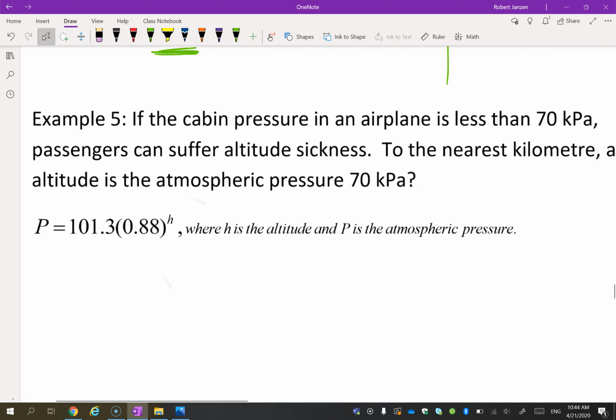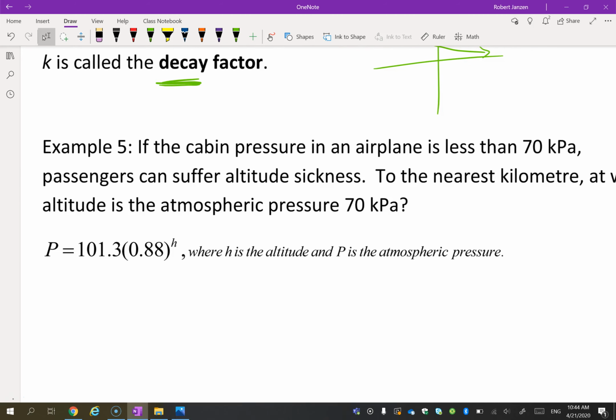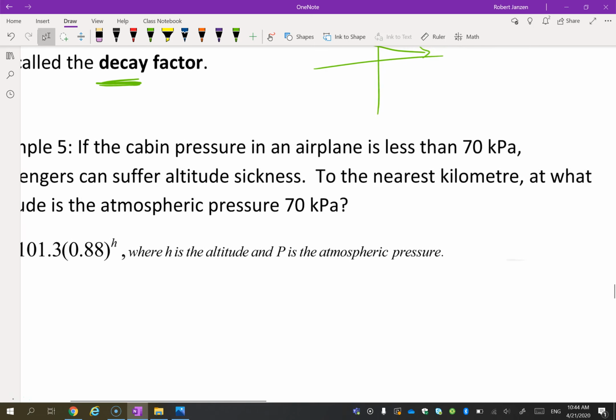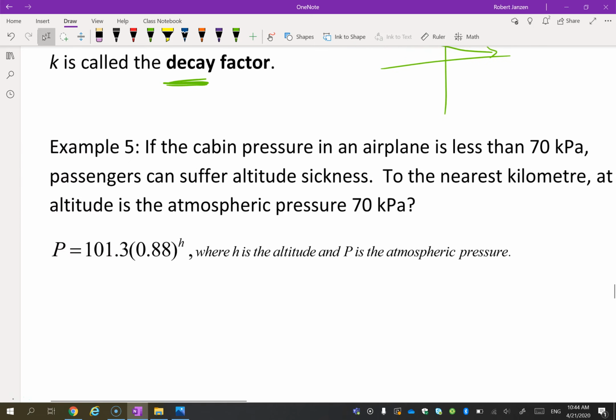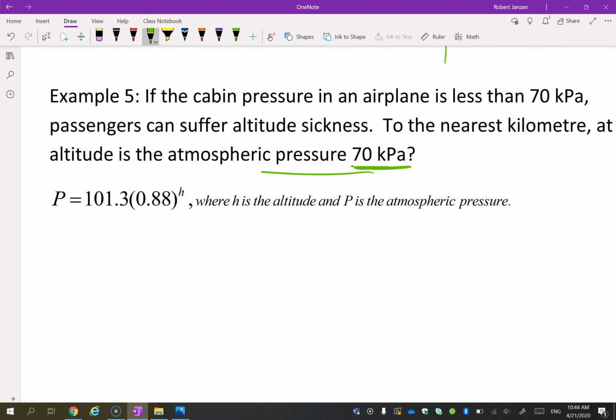You should keep that in mind so that you have an idea what's happening. All right, so here it says if cabin pressure in an airplane is less than 70, passengers can get sick. So to the nearest kilometer, at what altitude is the atmospheric pressure 70? So 70 will go in here. So I get 70 is 101.3.